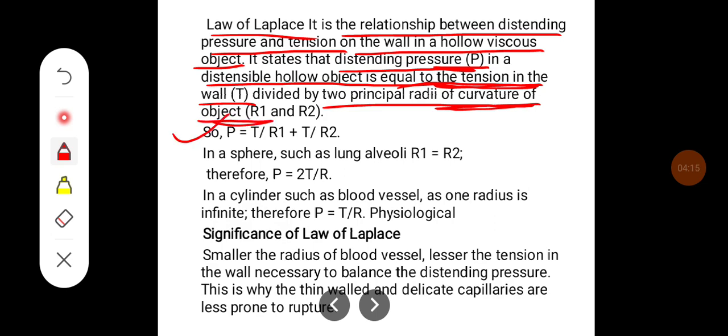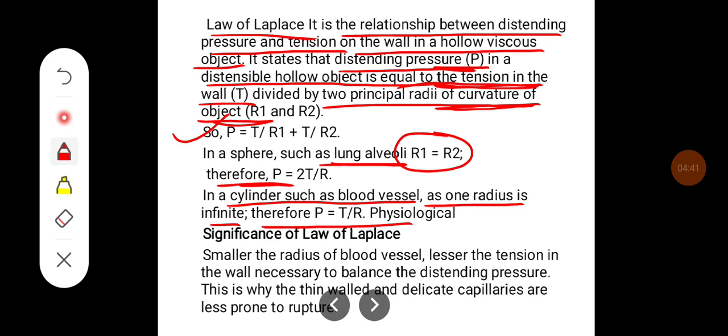So P is T divided by R1 plus T divided by R2. In a sphere, such as a lung alveolus, radius 1 is equal to radius 2. Therefore, pressure becomes 2T divided by R. In a cylinder such as a blood vessel, as one radius is infinite, P becomes T by R.